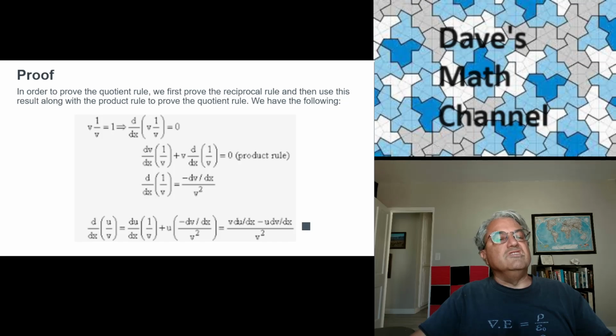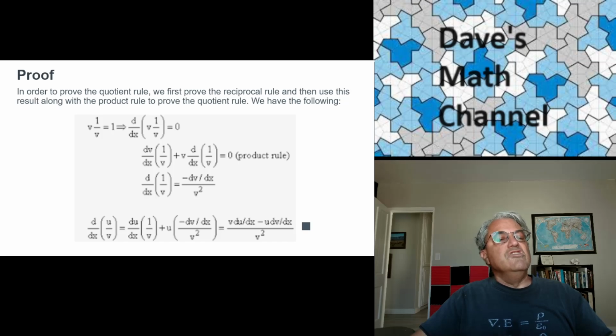You get du dx times 1 over v, plus u times the derivative of 1 over v, which we already said was minus dv dx over v squared. So now we have u prime over v plus u times minus v prime over v squared.